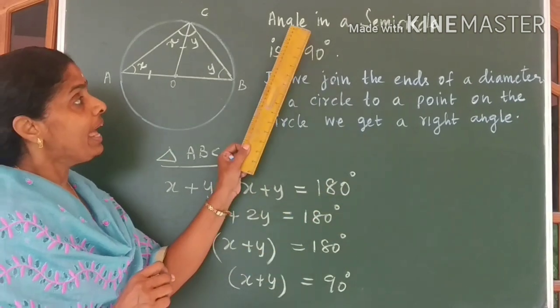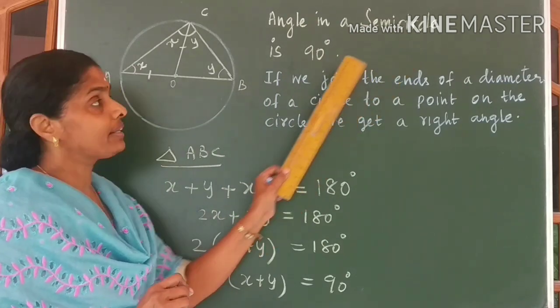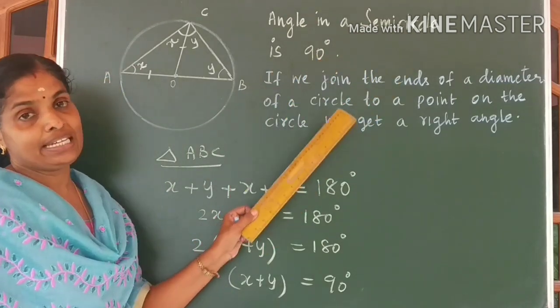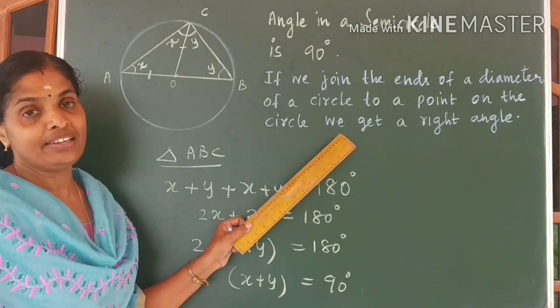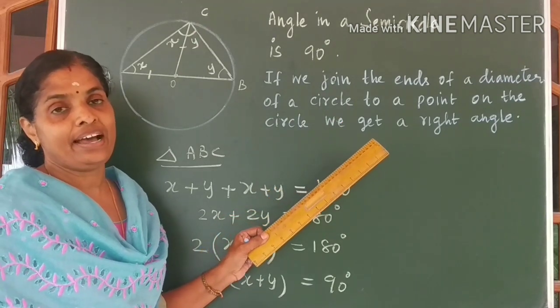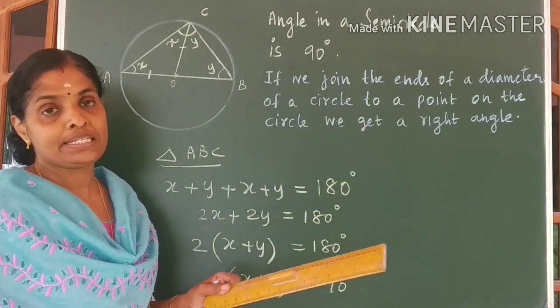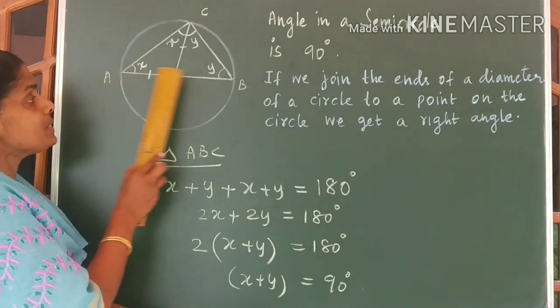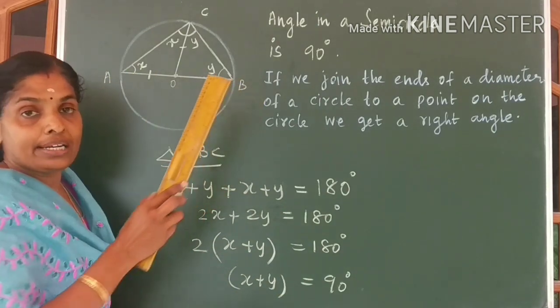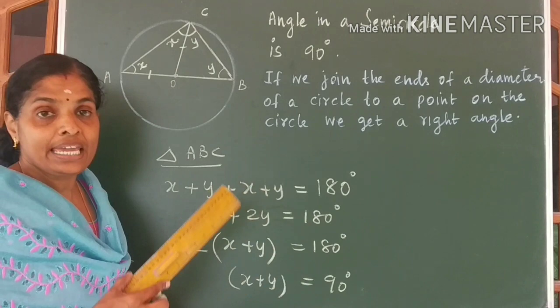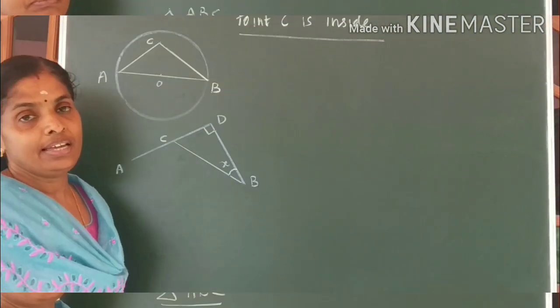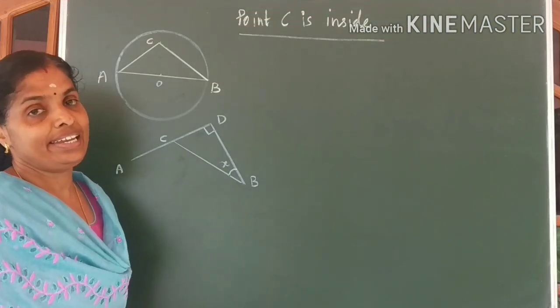We have proved angle in a semicircle to be equal to 90 degrees. Is it clear, children? Our next idea is what happens if the ends of the diameter are joined to a point inside the circle.